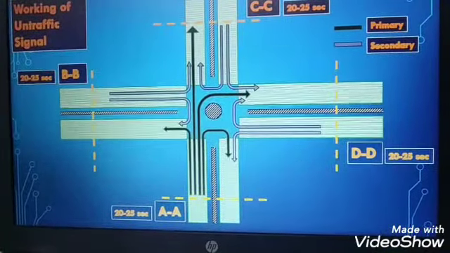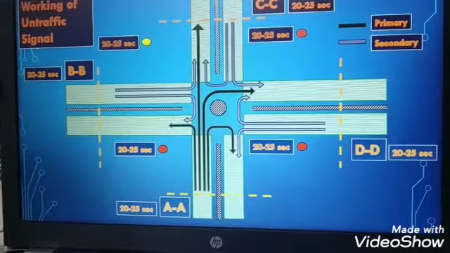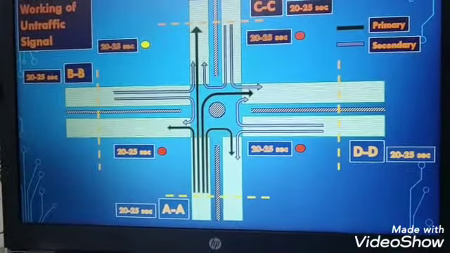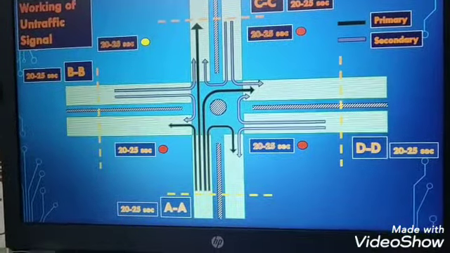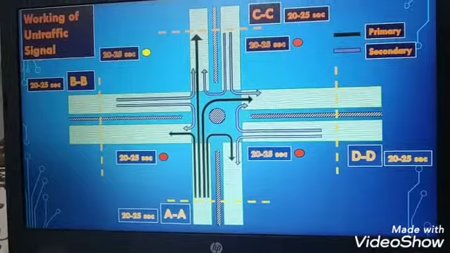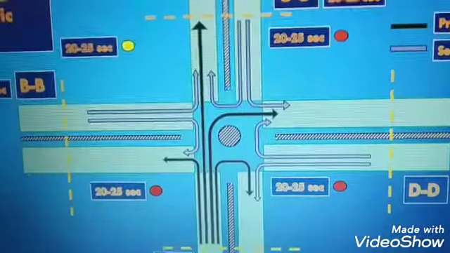Now in the next 5 seconds, AA will be shown yellow signal, then red signal, along with CC and DD, while BB will be shown yellow signal, so that their traffic is ready for becoming primary lane.